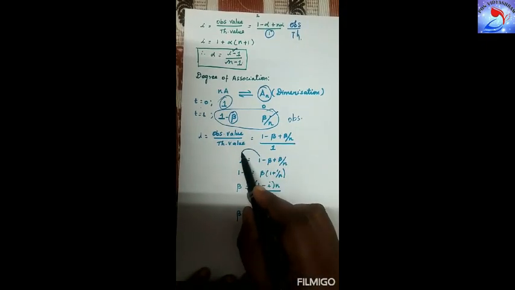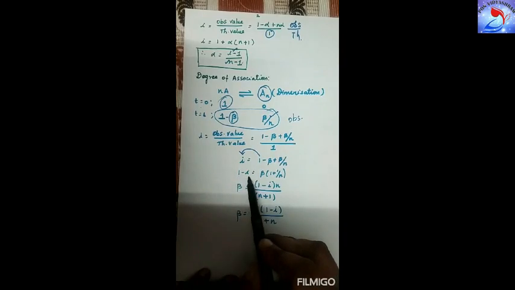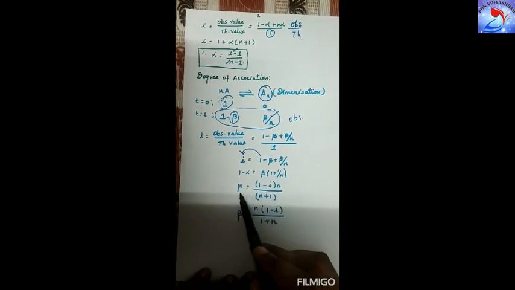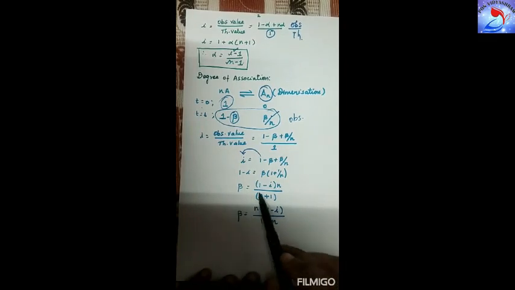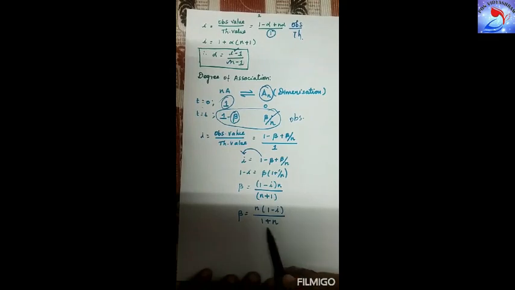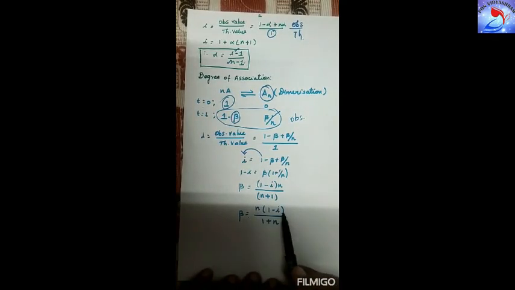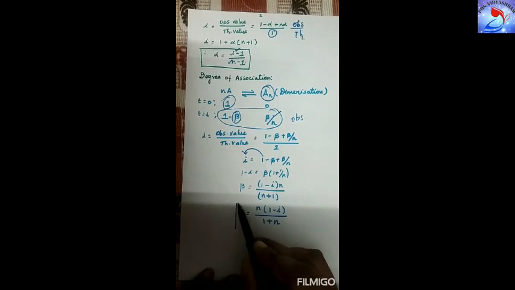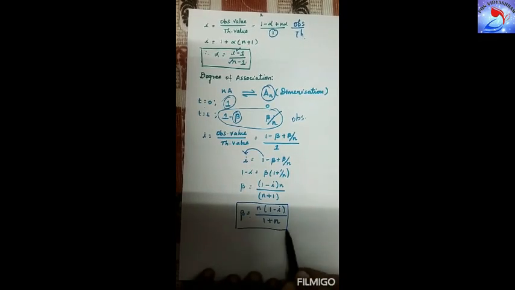Taking the 1 to the other side, it becomes 1 minus i is equal to beta into 1 minus 1 by n. Taking beta out to the left side, it becomes 1 minus i into n divided by n minus 1. On further simplification, it gives beta is equal to n into 1 minus i upon n minus 1. So the degree of association can be expressed using this formula.